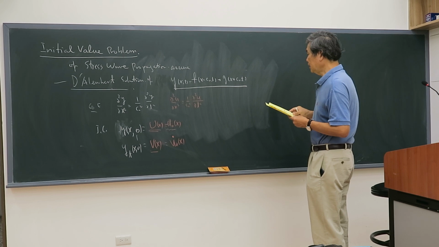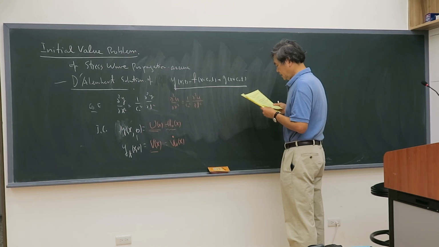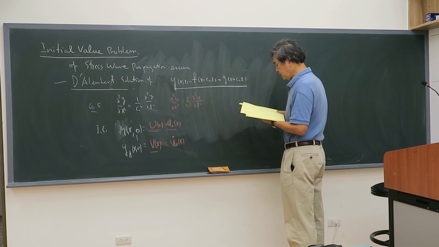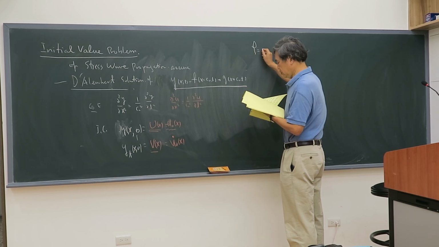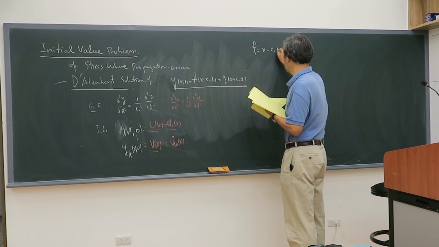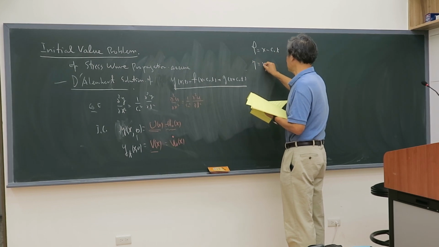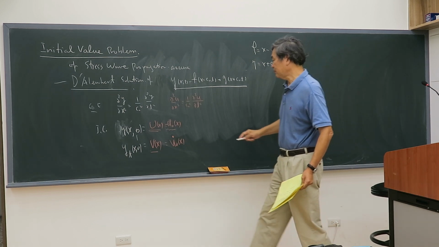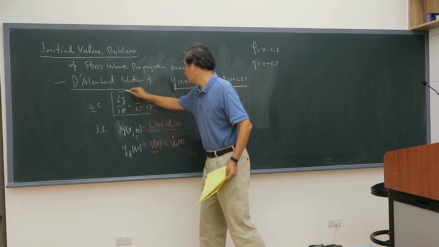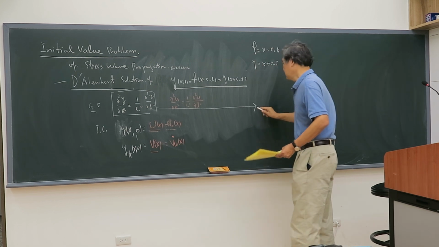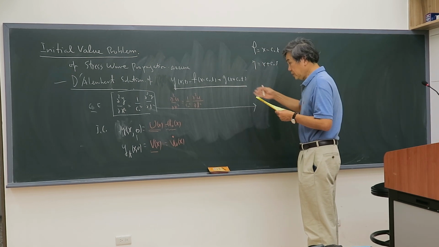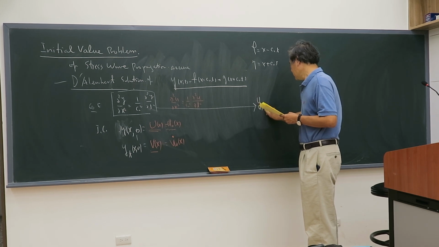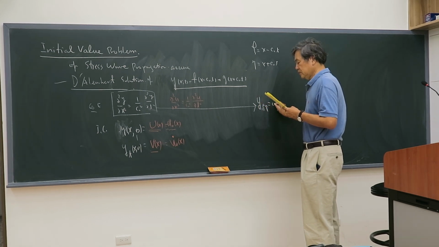Then after we do the change of variable, we assume xi equal to x minus c0 t, eta is x plus c0 t. Then we change this governing equation into the other form, doing the derivative, and we need to solve partial y, partial xi, partial eta equal to 0.